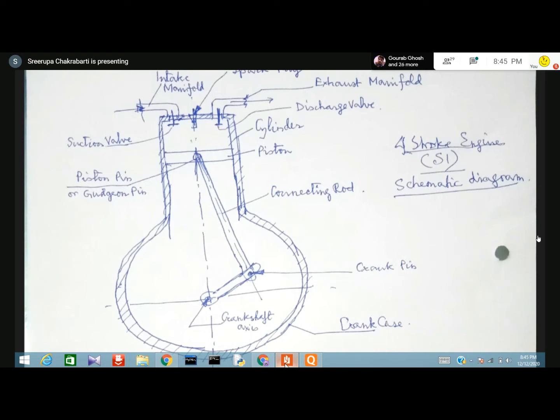Do you realize that when the piston is coming down, the compressive force is coming along the connecting rod axis? And what happens to the other end, where it is the crank end, I mean, the crank pin is there? There also, when the compressive load is coming from one end, the other end also behaves as a fixed end. I mean, there is also another reaction force going upward, that is also compressive.